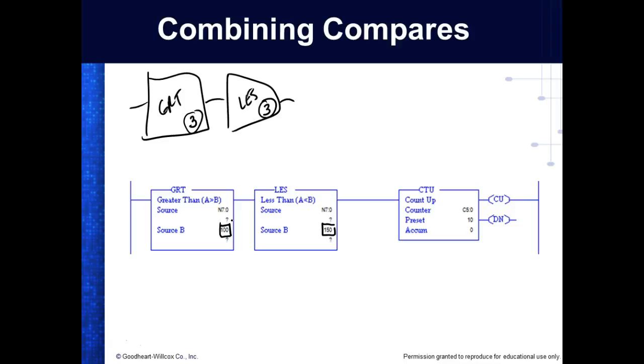If we put them in parallel, it would be if this or this is true. If we put them in series, it's if this and this. So using our ANDs and ORs, we could set up a mass section of compare instructions that we could get the output from whatever we wanted.